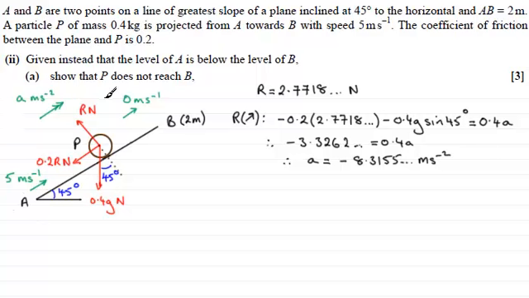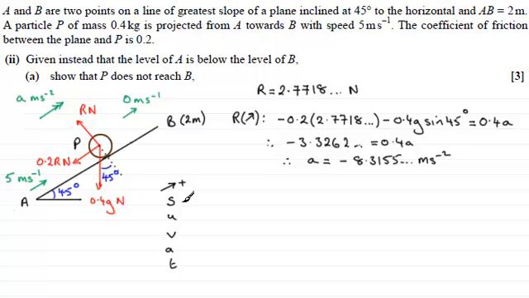So all we need to do now is just apply one of our constant acceleration formulas, the SUVAT based equations. So if we write down our variables here, s, u, v, a and t, we need to take a positive sense, so I'm going to take positive as being up the plane.